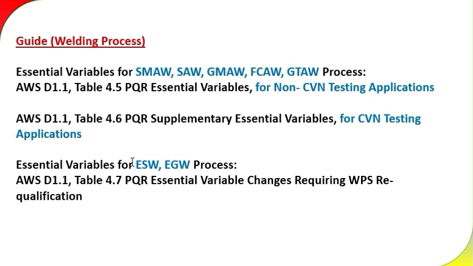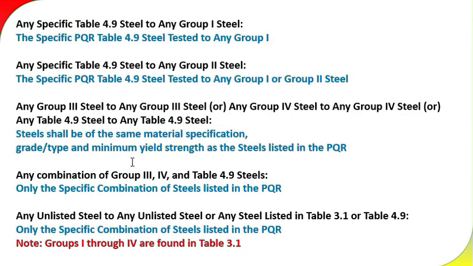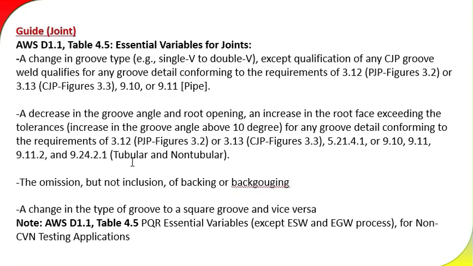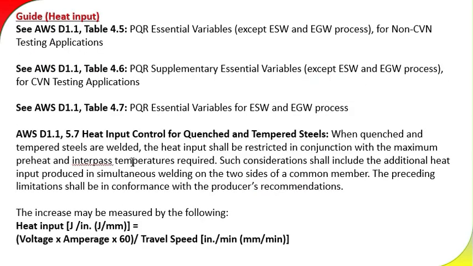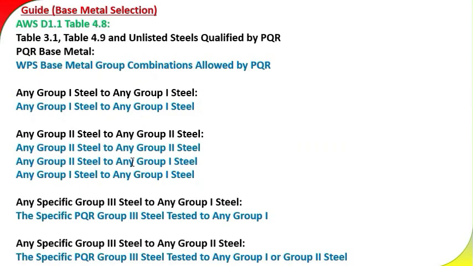So Tables 4.5, 4.6 and 4.7 are there. If a PQR essential variable is changed, then it requires new WPS requalification. So this is what you need to know for the beginning. If you change any essential variable, then you need to make a new WPS. This you have to remember. I think these are the most important things from the beginning.